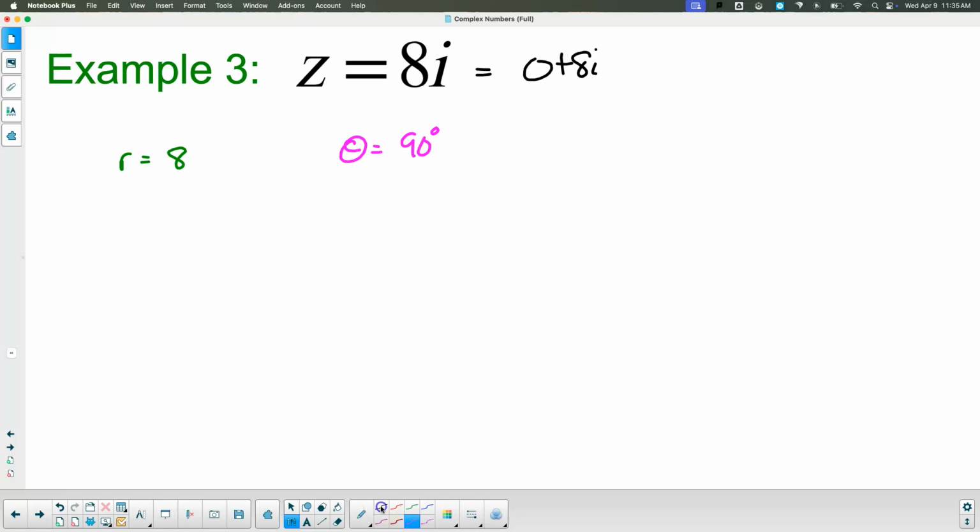If you need more confirmation of that, if we graph it on the complex plane, 0 is my A, 8 is my B, so that's straight up 8 on the imaginary axis. So there's where the 8 distance comes from, there's where the 90 degrees comes from.